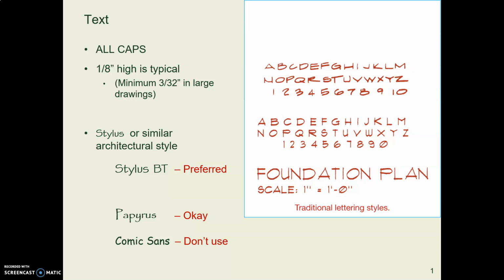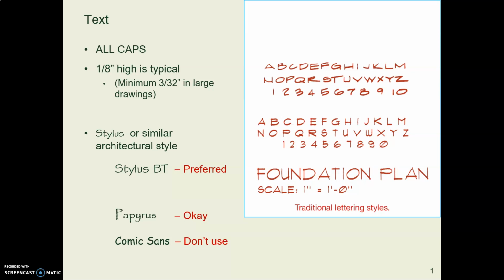And the standard is not quite as specific about text height as they are over in the mechanical world. 1/8 of an inch high is the usual practice. Most drawings in architecture use 1/8 inch high text. That is, when the drawing is printed, it's 1/8 of an inch high.